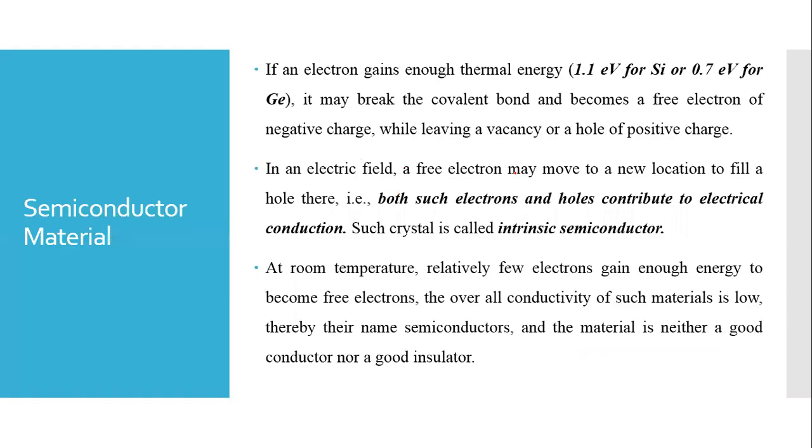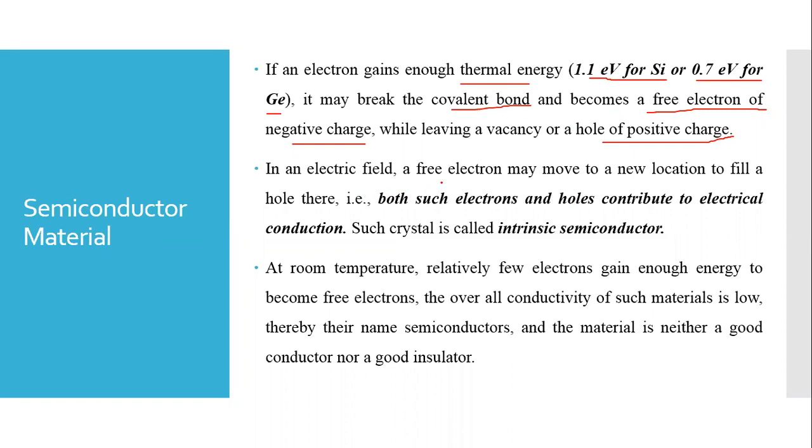If electrons gain enough thermal energy, like 1.1 electron volt for silicon and 0.7 electron volt for germanium, it may break the covalent bond and become a free electron of negative charge, while leaving a vacancy or hole of positive charge.